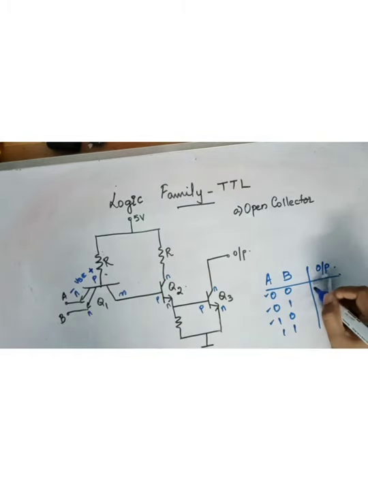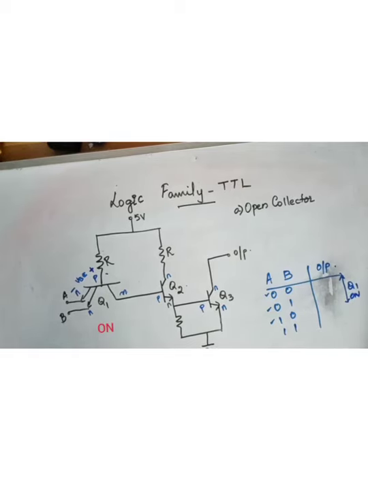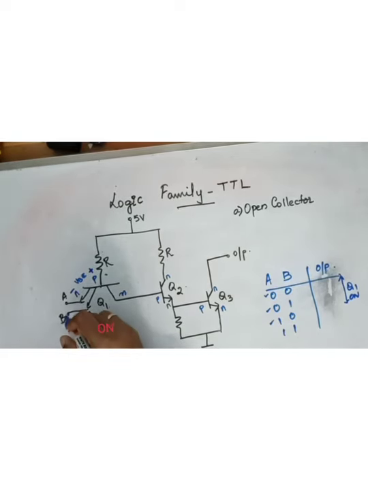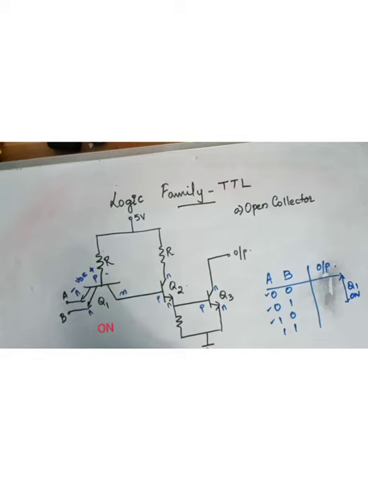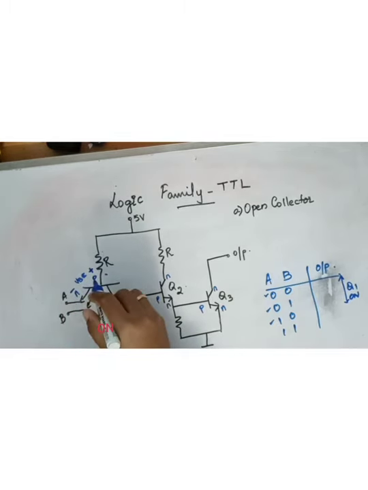So in all these cases, Q1 is on, because in all these cases one of the emitters is at a lesser voltage than the base. So the base emitter voltage is positive, this transistor is on.